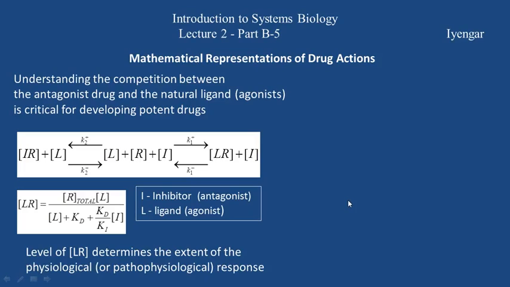ligand receptor interaction reactions, one can indeed have a ligand receptor interaction reaction that can contain both activators and inhibitors, which is the most common kind of scenario where the natural hormone or the neurotransmitter might be the activator and the drug that is given exogenously might be the inhibitor, and then you can have reactions going in both directions, and the formation of the ligand receptor complex, which is the sum total of the complex that can transmit the information, is given by this equation down here.